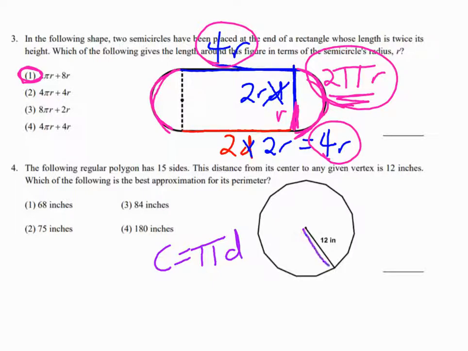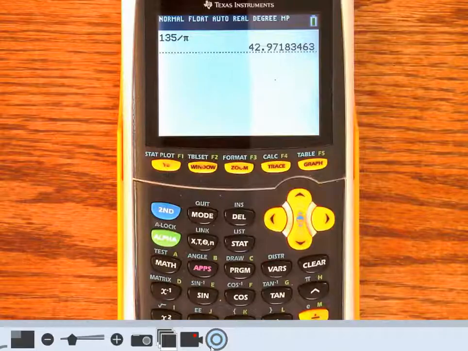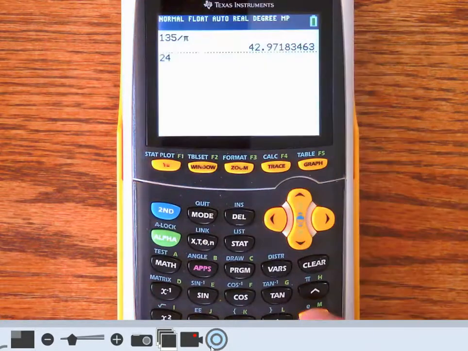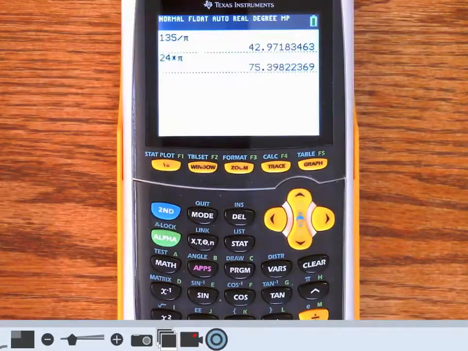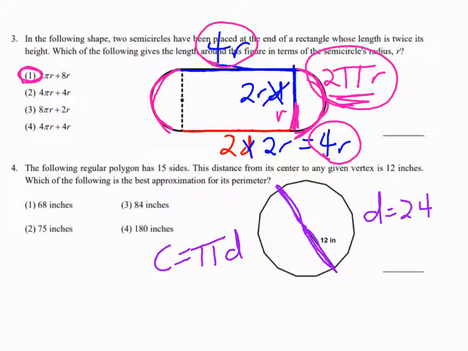If this is the radius, the diameter would be 24. So on my calculator, I'm going to do 24 times pi to get a good approximation of the circumference. That's 75.39, which is number 2.